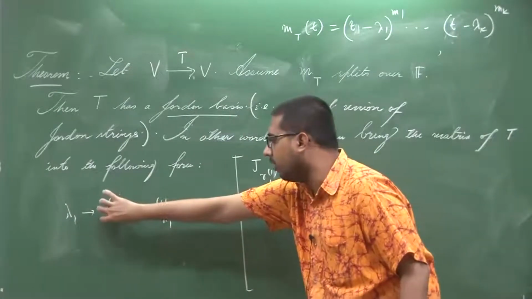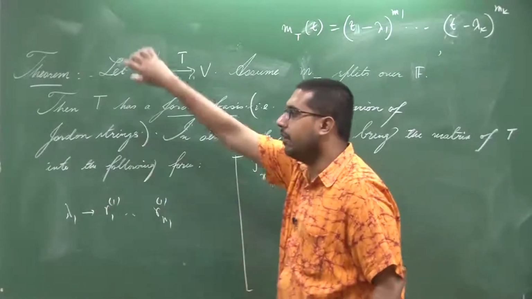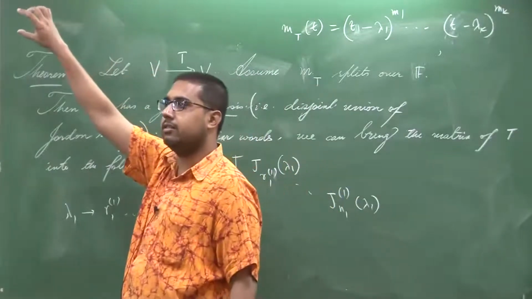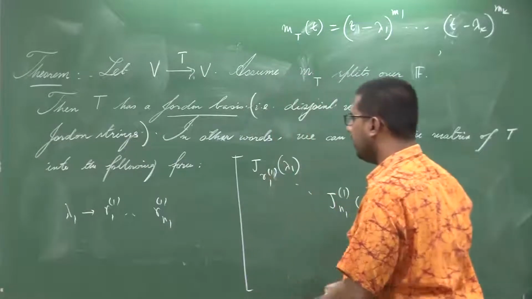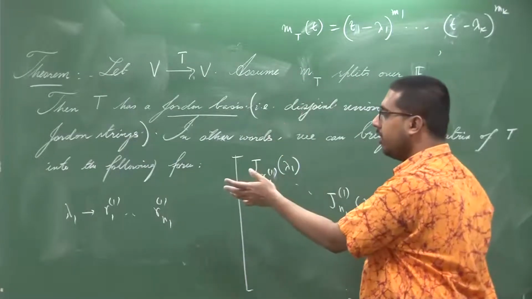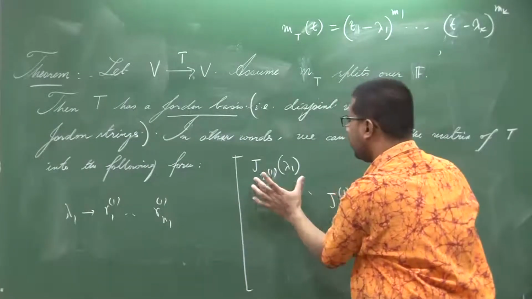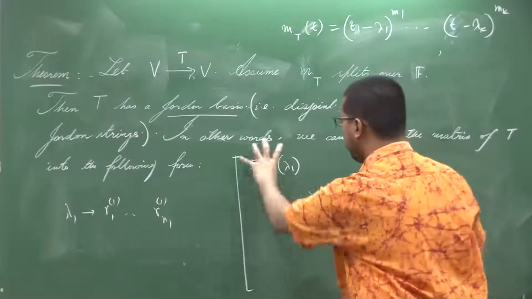Then for each of these strings, when I consider its linear span, I will get an invariant space for which, once you restrict the linear operator to it, the matrix will be of this form, an elementary Jordan block.